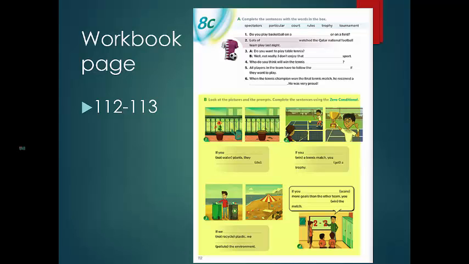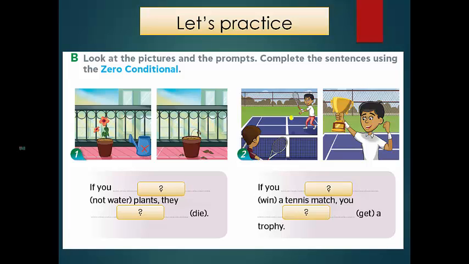Workbook page 112, 113. This activity here. Look at the pictures and the prompts. Complete the sentences using the zero conditional. If you don't water the plants, they die. Number 2, if you win a tennis match, you get a trophy.